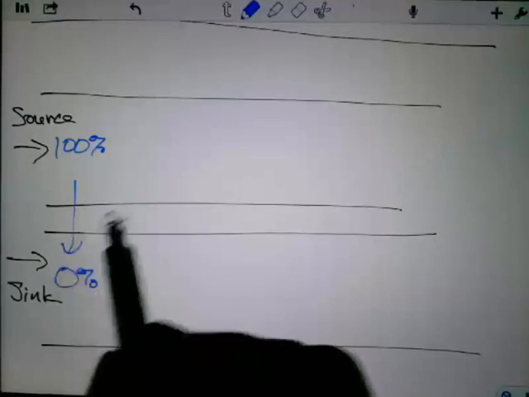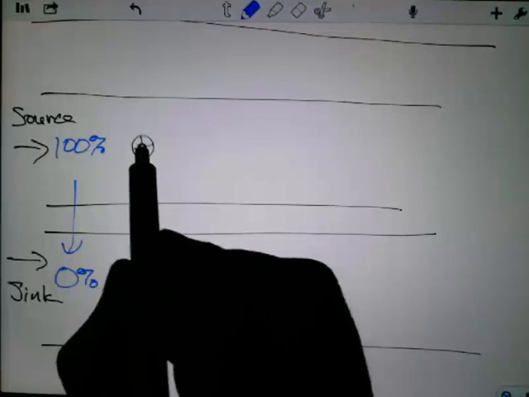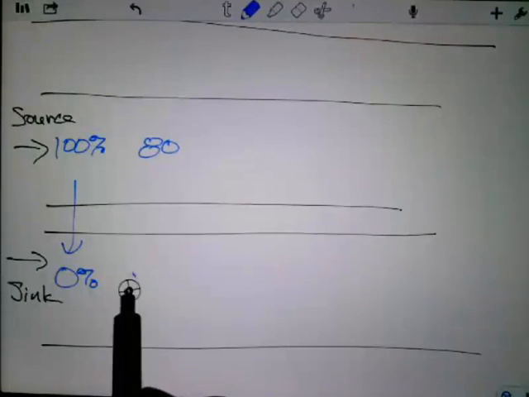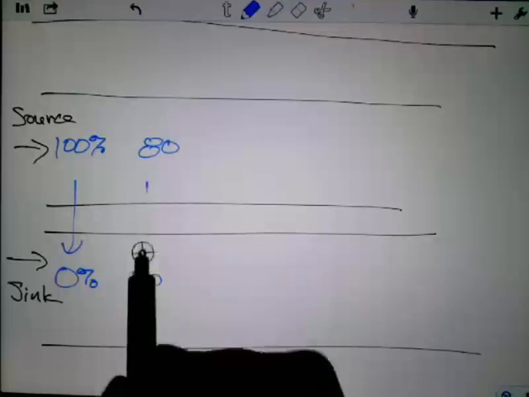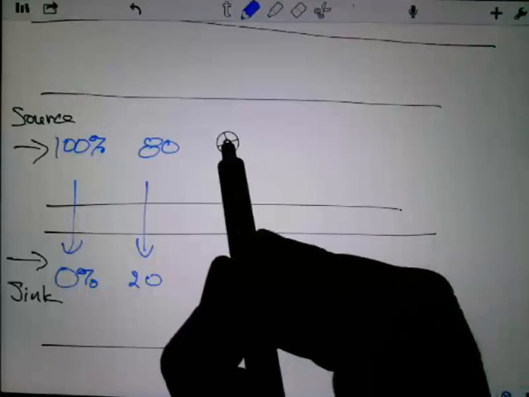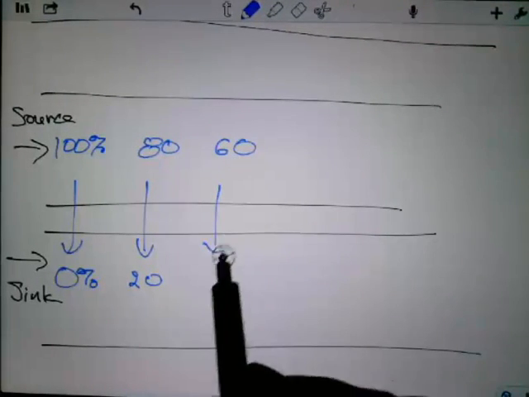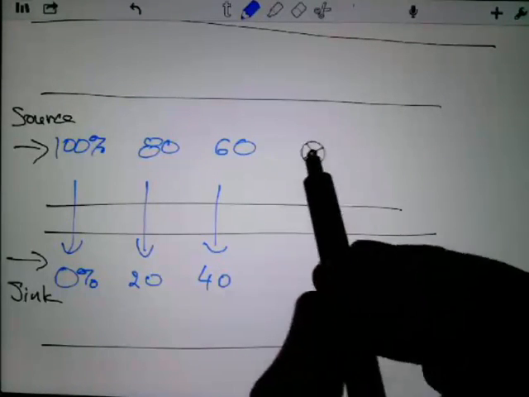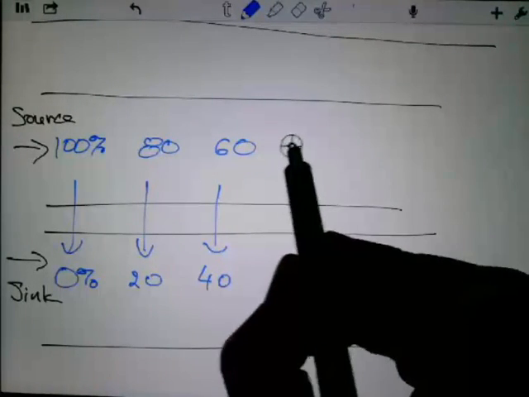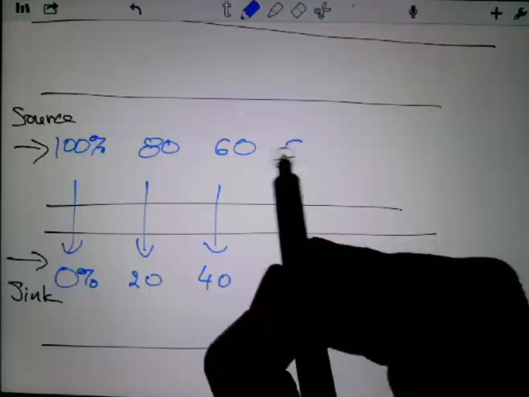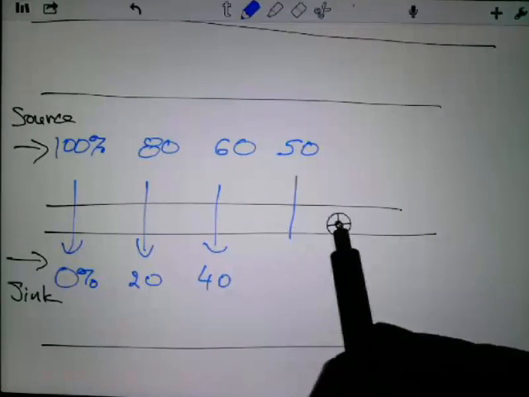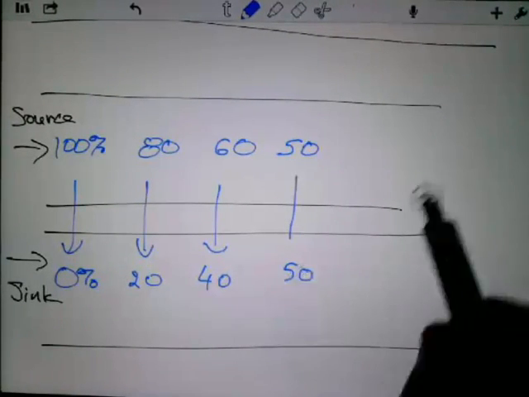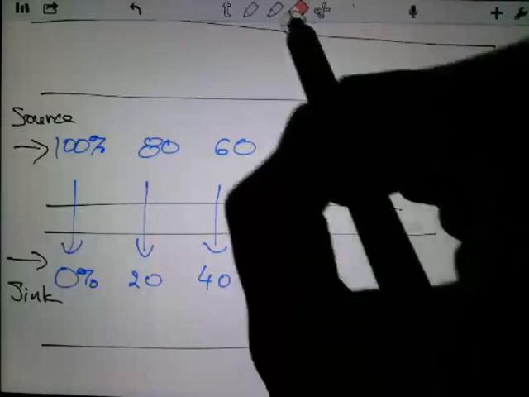And of course oxygen is going to move, and at some point we might be at 80, and maybe we've gotten to 20 in the sink. Again, oxygen is going to move, and 60 and 40, again oxygen moving down its partial pressure gradient to the sink, and at some point 50 and 50, oops, no longer any movement.